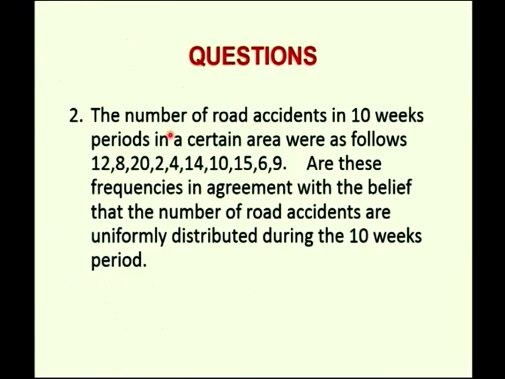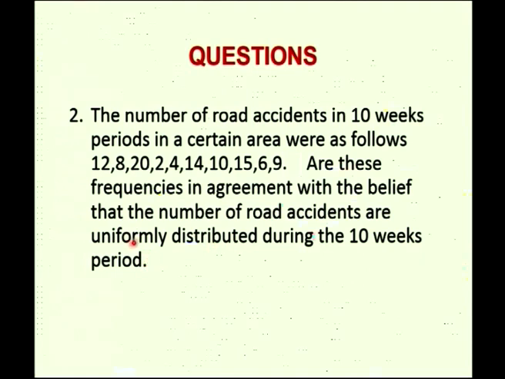Then this particular problem is about the number of road accidents in 10 weeks period. The number of road accidents in 10 weeks periods in a certain area were as follows: 12, 8, 20, 2, 4, 14, 10, 15, 6, 9. Are these frequencies in agreement with the belief that the number of road accidents are uniformly distributed during the 10 weeks period?